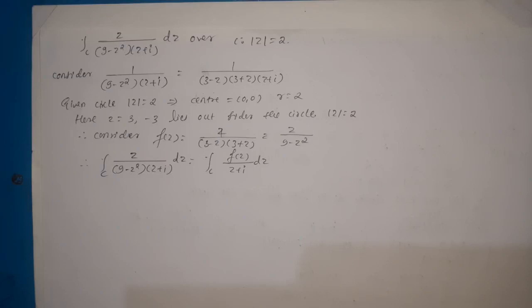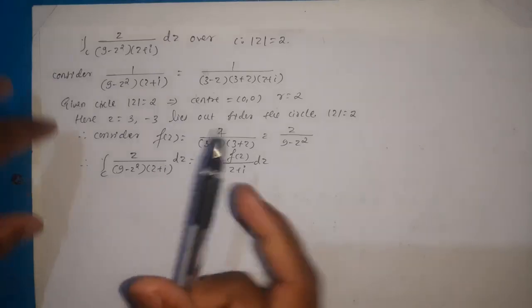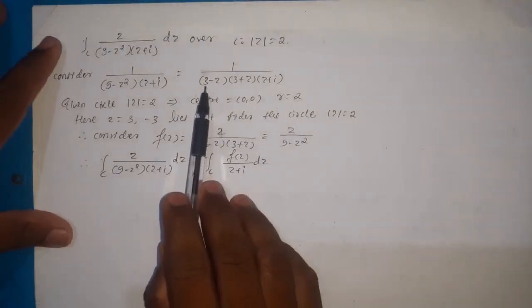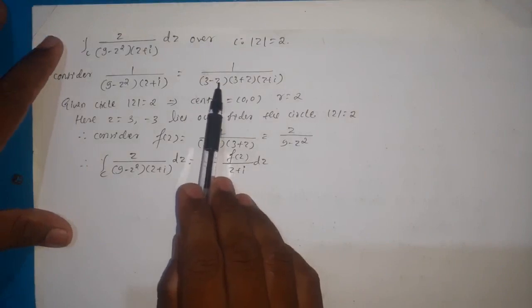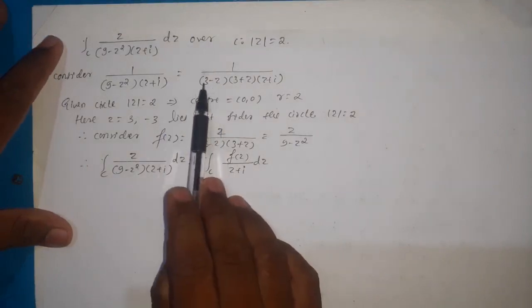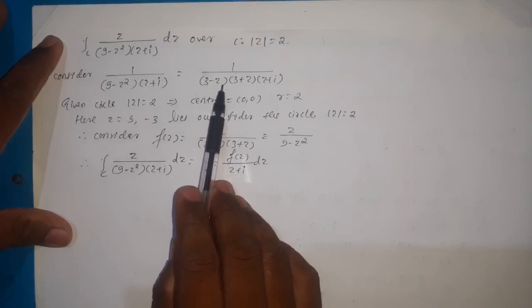Since the center of the circle is 0, 0, by looking at the magnitude of A, the value of A, we can say whether it lies inside or outside the circle. Here for the factor 3 minus z, this can be written as minus of z minus 3, right.